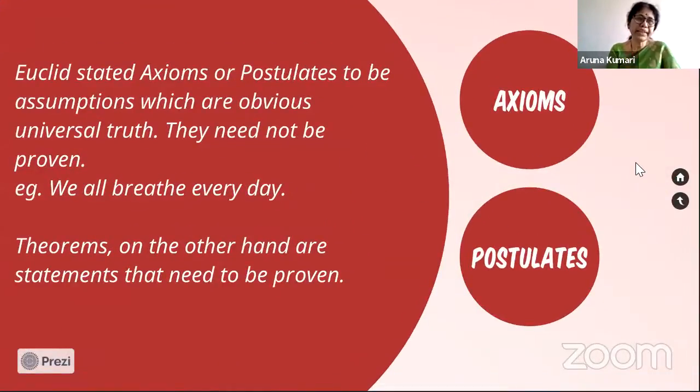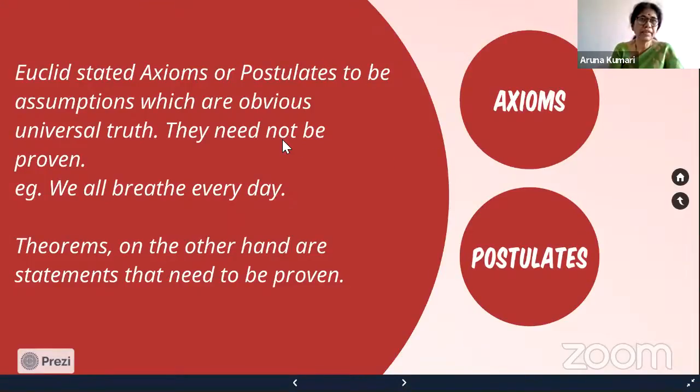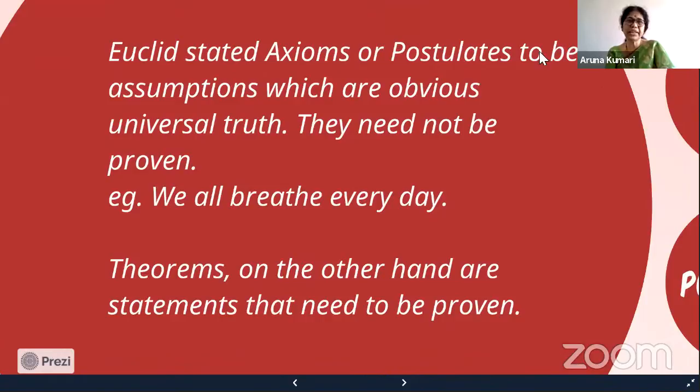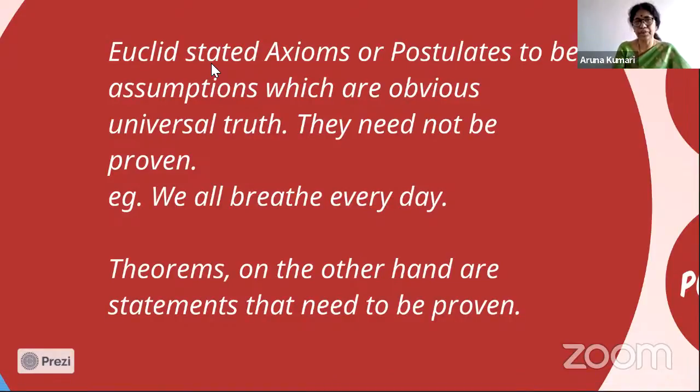Next, Euclid stated axioms and postulates to be assumptions which are obvious universal truths. They need not be proven. Students, be alert. Just now we studied some of his definitions.